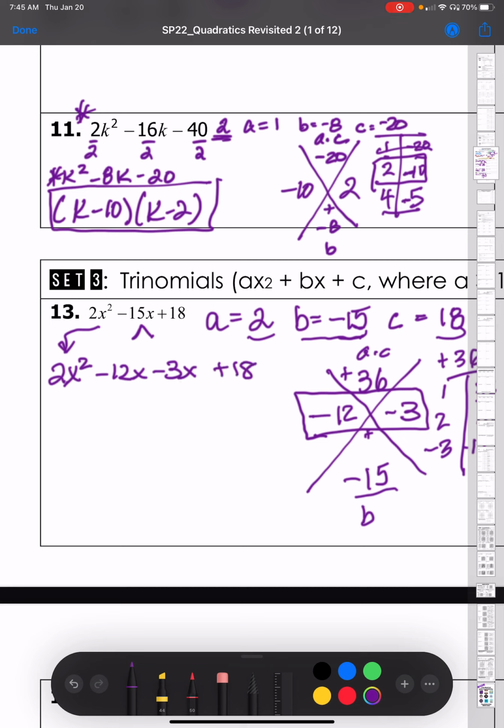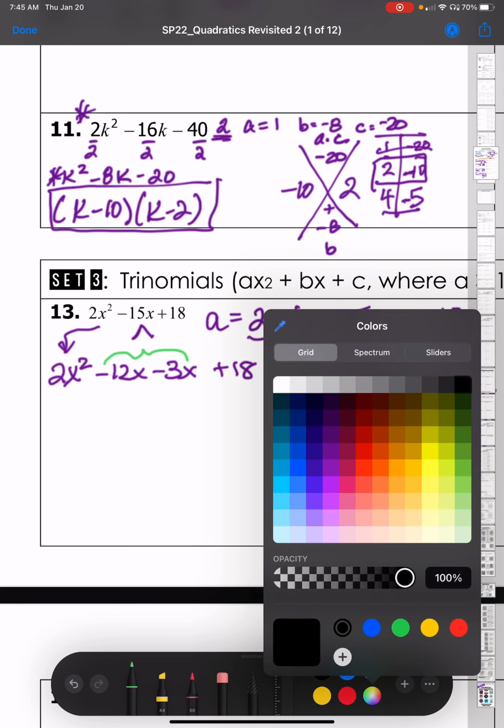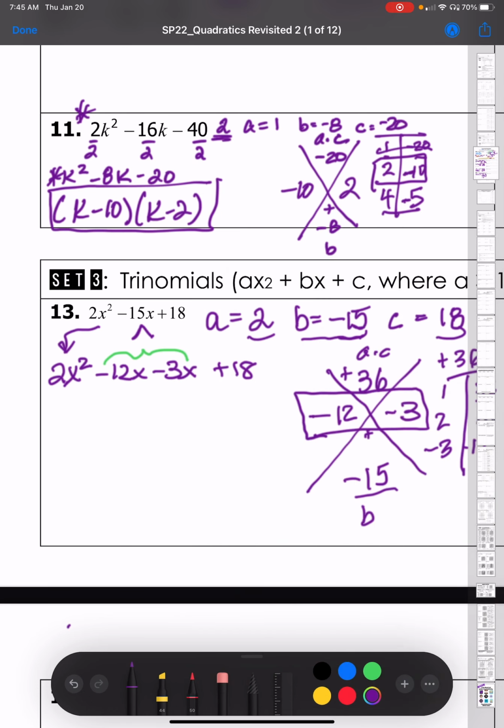Now I haven't changed the value of anything, because if we added together negative 12x plus a negative 3x, we would still get negative 15x.